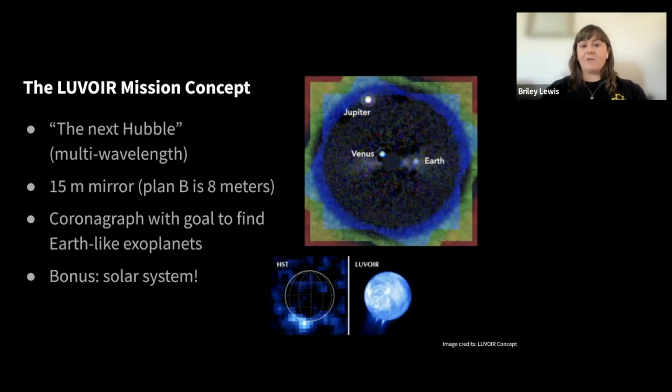They are simulations of what LUVOIR should be able to detect if it was designed and actually created as planned. And you can see it would actually be able to image Earth-like exoplanets, and it would be able to give us these absolutely wild images of things in the solar system, like this would be Enceladus with its little water plumes.